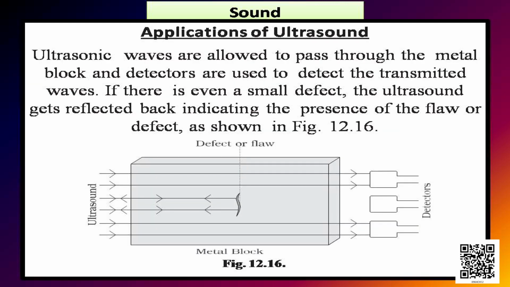Ultrasonic waves are allowed to pass through the metal block and detectors are used to detect the transmitted waves. If there is even a small defect, the ultrasound gets reflected back, indicating the presence of the flaw or defect. You can see figure 12.16 and know how it is being done.